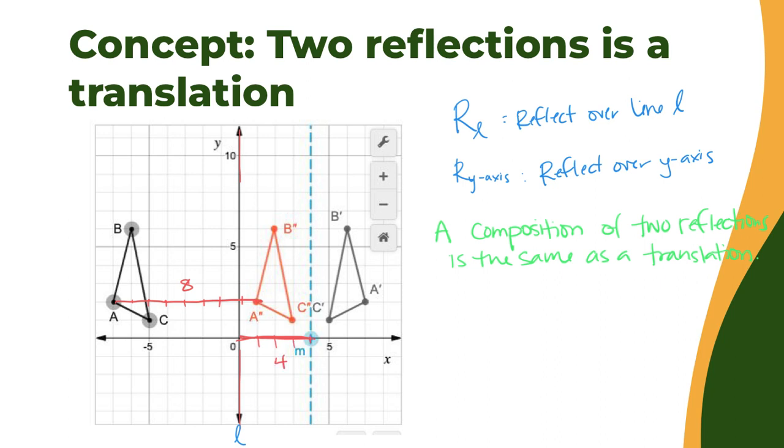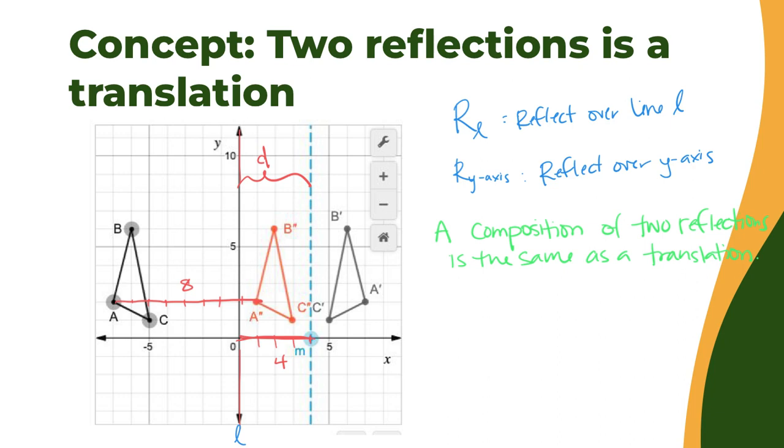It turns out that we always have this relationship: the translation will always be twice whatever the distance is between the two lines of reflection. So this translation, where we're sliding the pre-image to A double prime, will be twice as long as whatever the distance is between those two lines of reflection.